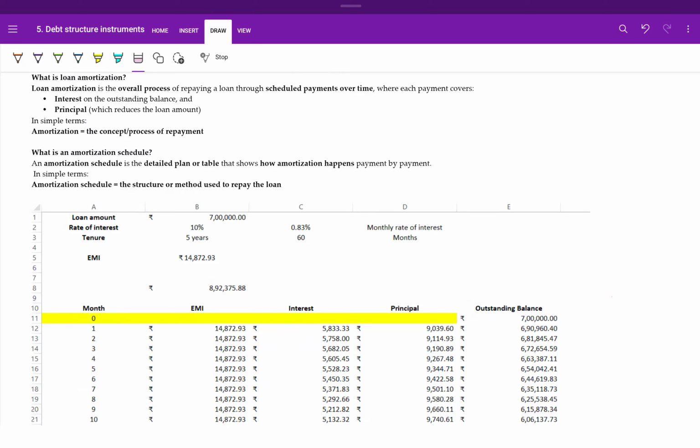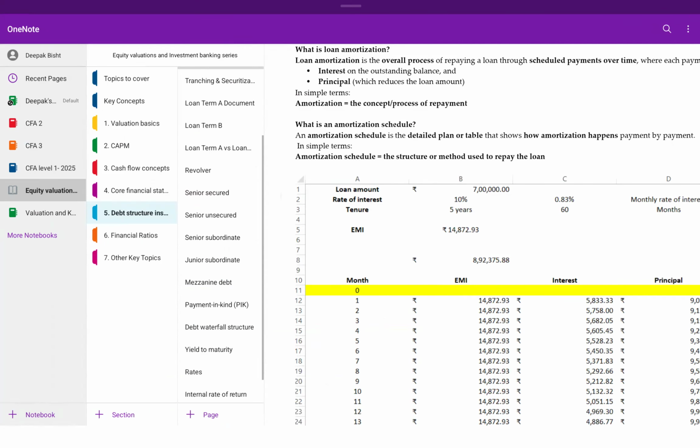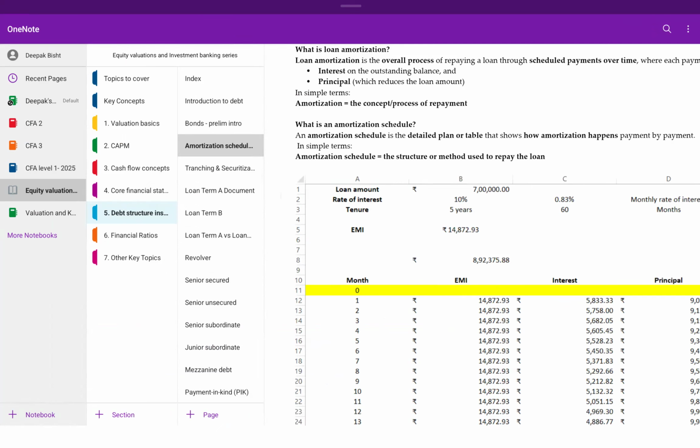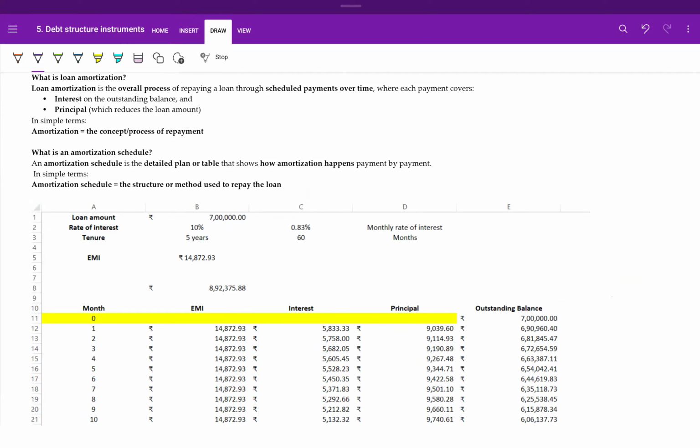Now understand this thing: when we will be discussing the debt waterfall structure, there are going to be multiple types of loans that we will be working on, and you have to prepare an amortization schedule for every security which involves debt, every type of debt in simple words.